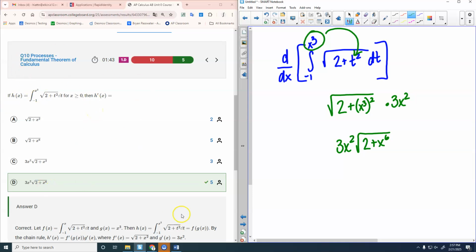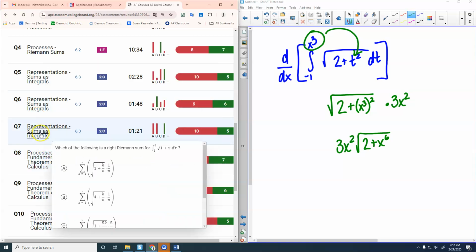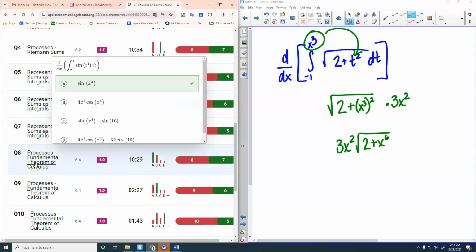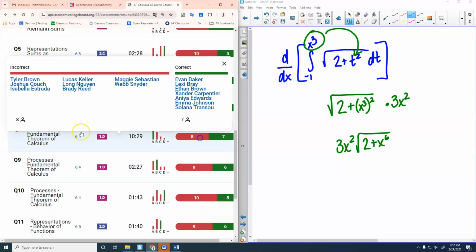I think probably most of us that missed it didn't know what to do with it. Okay, let's see another one that we missed. We're missing that one pretty badly.